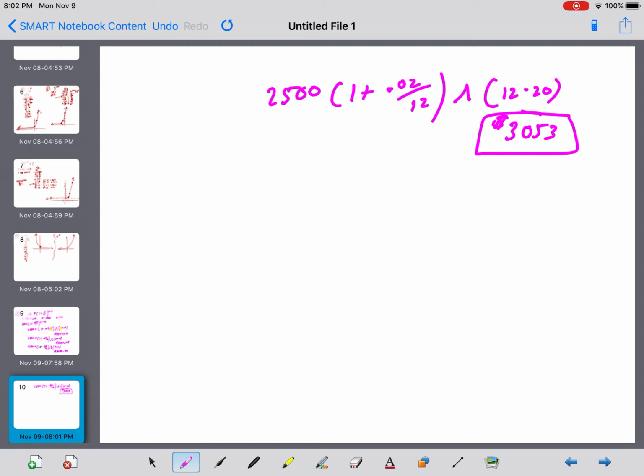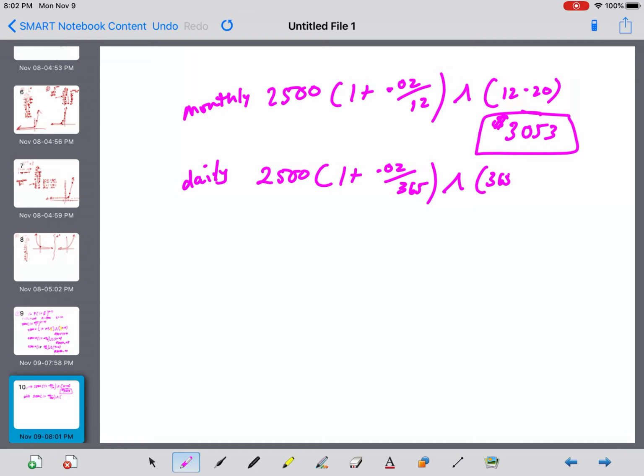And then you do for 365, 2,500 times 1 plus 0.02 divided by 365. So the 12 is compounded monthly. This would be called compounded daily, okay? This one would be monthly. The one with the 4 would be compounded quarterly. This would be daily compounding. Daily compounding is going to give you a little bit more money.